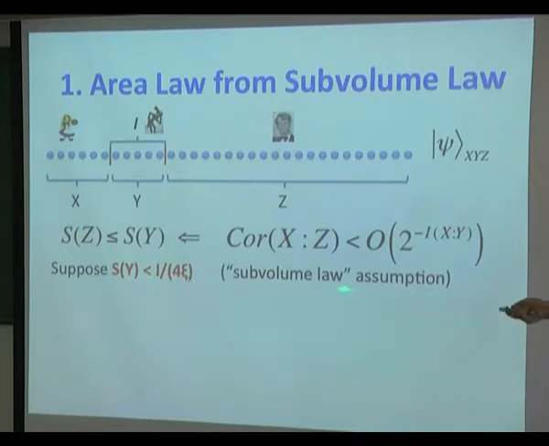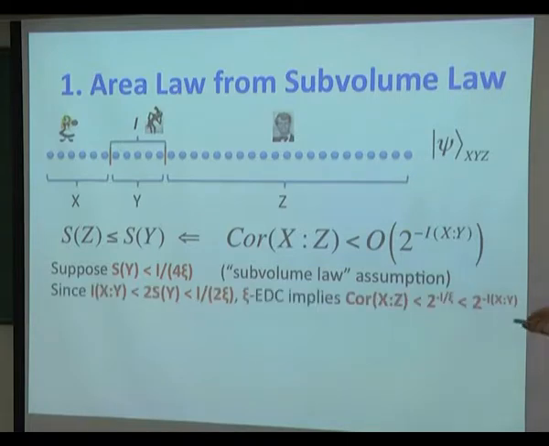This is what we call the subvolume law assumption. We're just bounded away from the maximum value. We can still be very far from an area law, but we are bounded away. And we want to show that this assumption implies an area law for Z. For Z, we have no restriction on the size. Y can be any size, but suppose that L is of order the correlation length, which is small, then we can get an area law for Z.